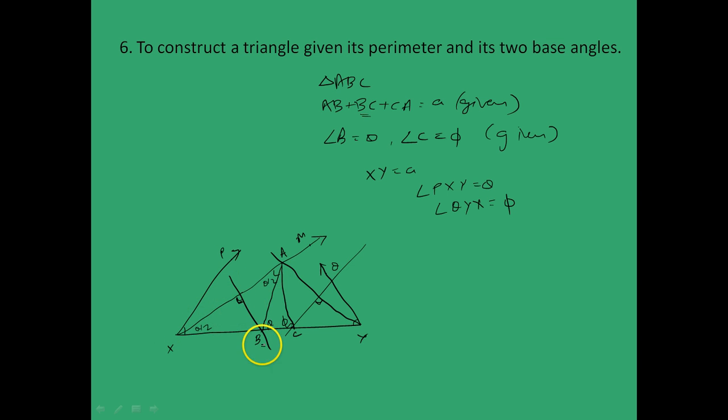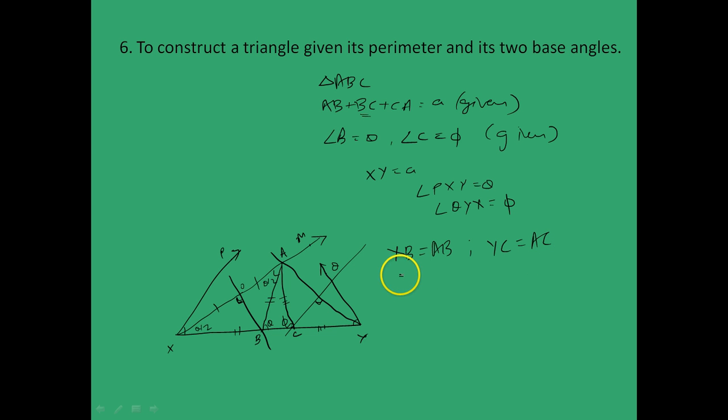Also, look at XA, because this is the perpendicular bisector. If this were point O, XO is equal to OA, and with angle theta by 2, this side is equal to this side, and with the same logic, so therefore XB is equal to AB. We have XB is equal to AB, and also YC is equal to AC.